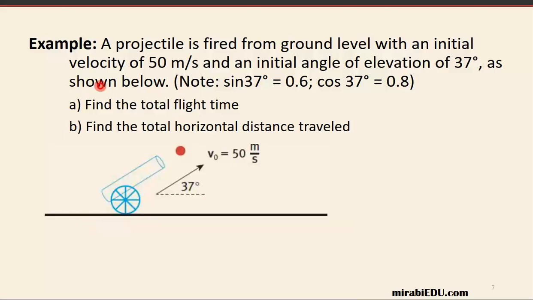So a projectile is fired from ground level with an initial velocity of 50 meters per second and an initial angle of elevation of 37 degrees, as shown below.